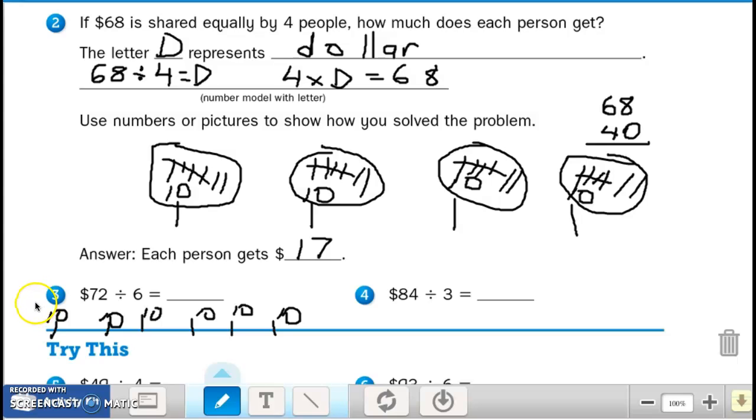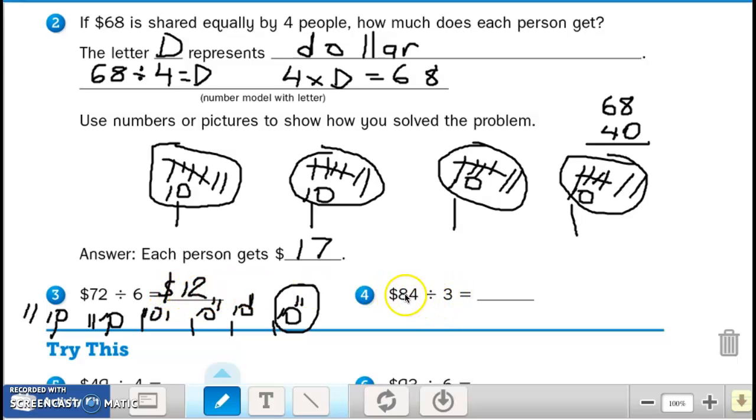So here we go: 60, 61, 62, 63, 64, 65, 66, 67, 68, 69, 70, 71, 72. So each person gets this many. What was that? 10 plus 2. So that would be $12. Of course, we are dealing with money, so you need to put the money sign. The money sign goes before the number.